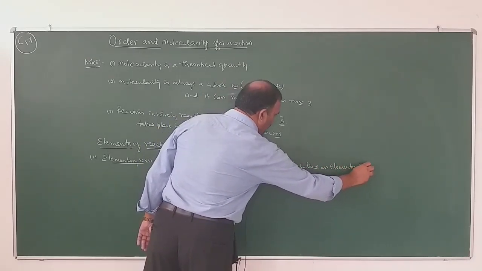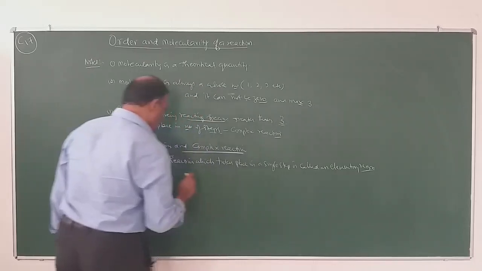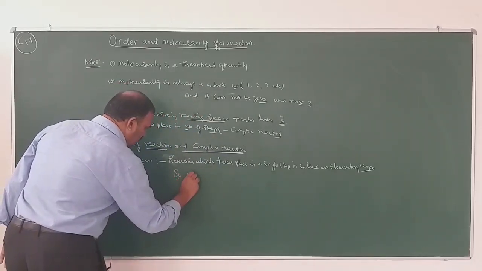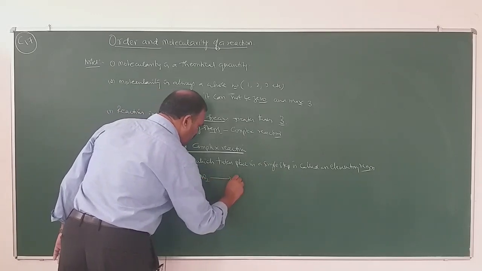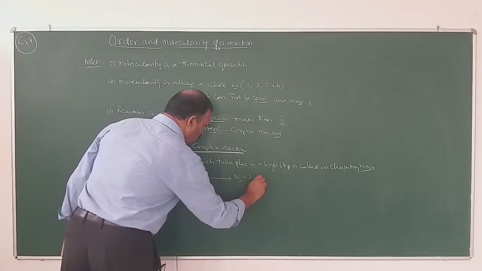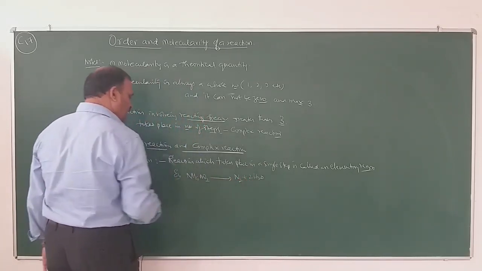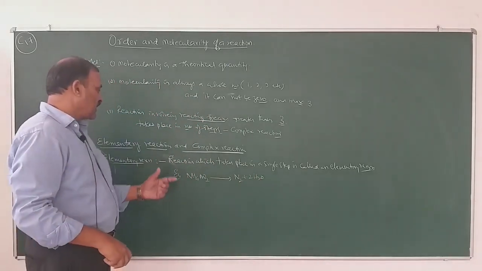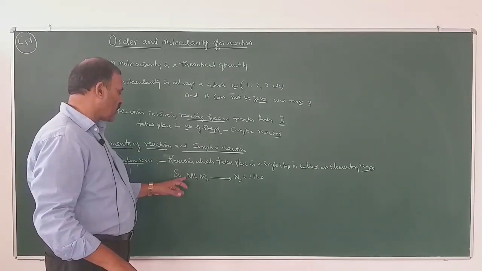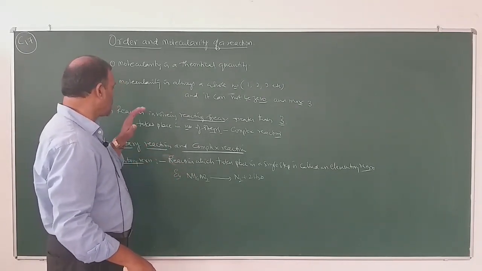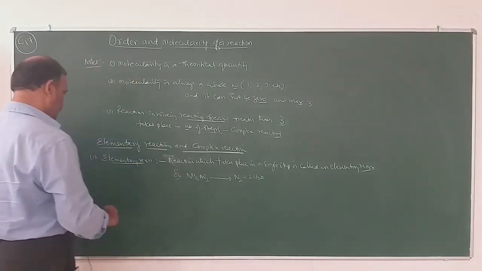Example, dissociation of ammonium nitrate to give N2 plus 2H2O takes place in a single step, therefore it is an elementary reaction. So in an elementary reaction, the number of molecules of reactants indicates the molecularity of the reaction.